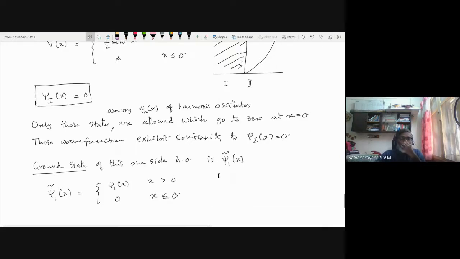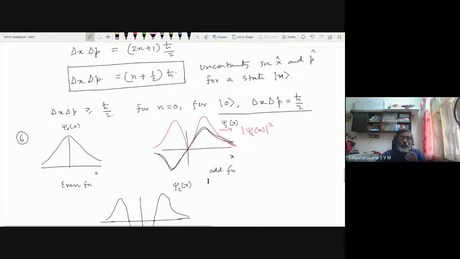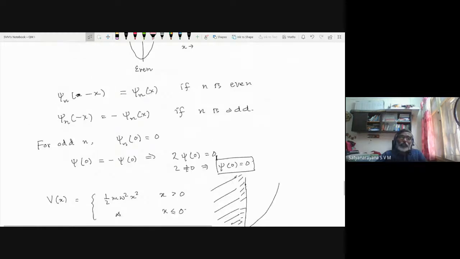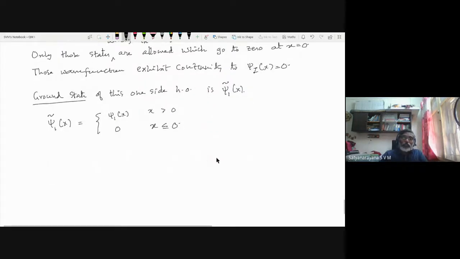Okay, so that means what we have seen, this psi 1 here, right? In this case, the ground state is going to be something like this. So this is your potential. It is going to be 0 up to this, and then it will be... Earlier, you remember this was like this.